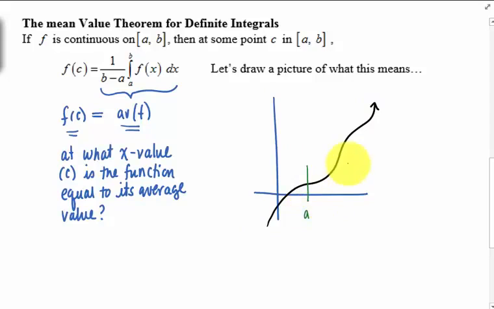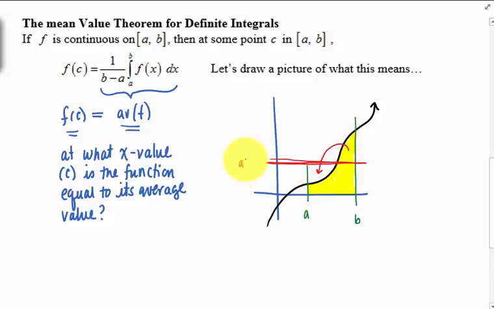If we're going from a to b on a closed interval, we have this space, and in this case the integral represents the enclosure between the x-axis and the function, and that happens to be positive. If we calculate the average value, we're trying to figure out, again, the y value that makes this area exactly fit into that.